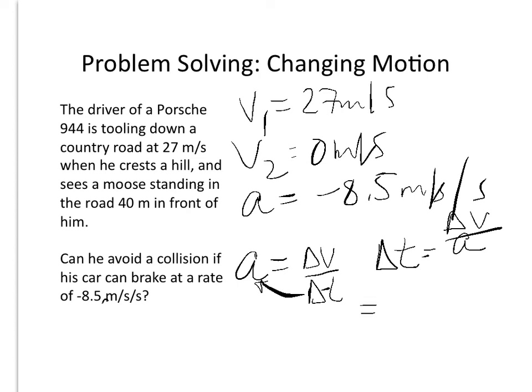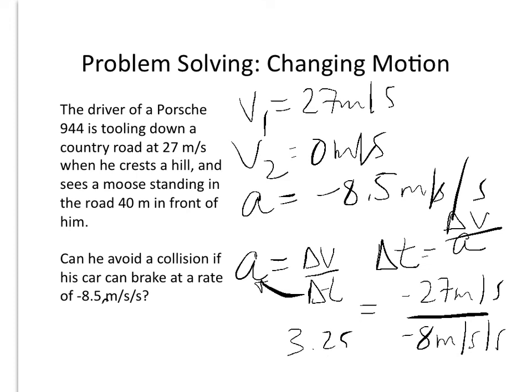So if I go ahead and plug in, the delta v of the car is minus 27 meters per second. It's going to lose speed at 8.5 meters per second squared, or around 3.2 seconds.